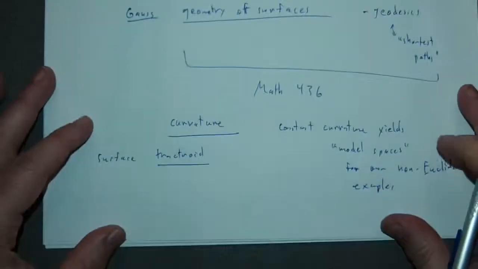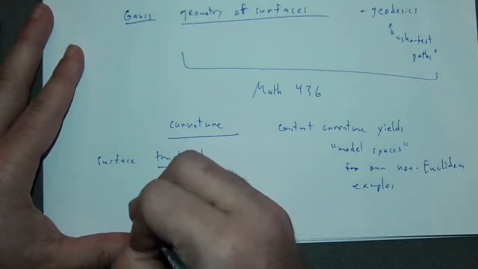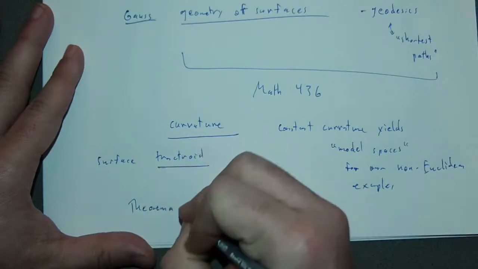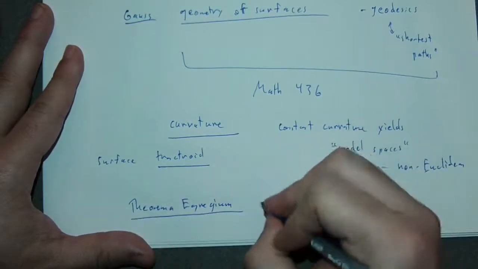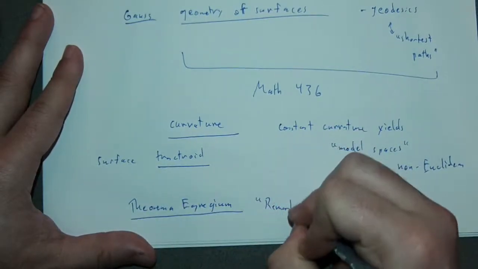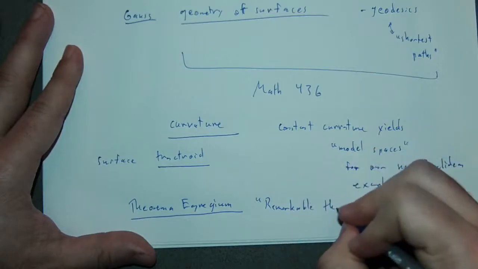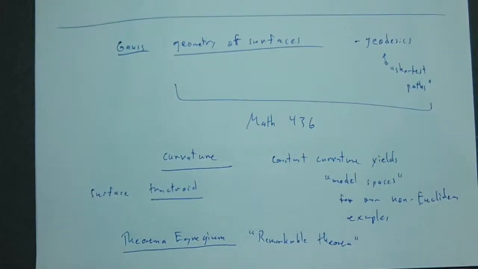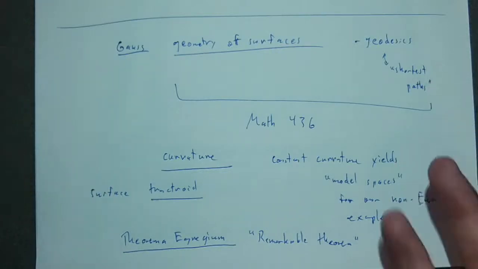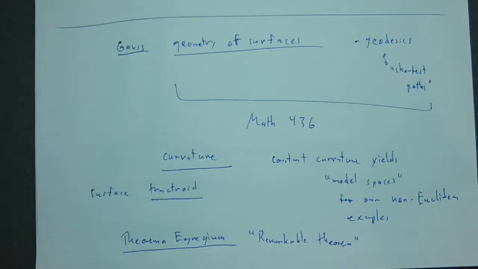Now, Gauss also showed something called the Theorema Egregium, which is something you will do if you take Math 436. This is the remarkable theorem. The most important thing it allows you to do is, as I previously mentioned with the sphere, the reason spherical geometry was not considered to be opposed to Euclidean geometry was that everyone who worked on it viewed it as sitting inside of R3, inside of Euclidean space.